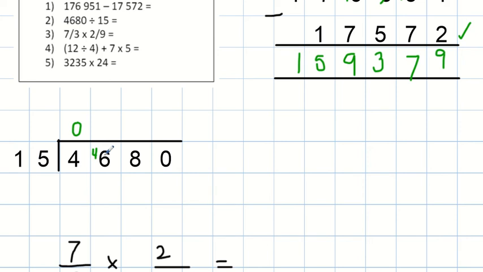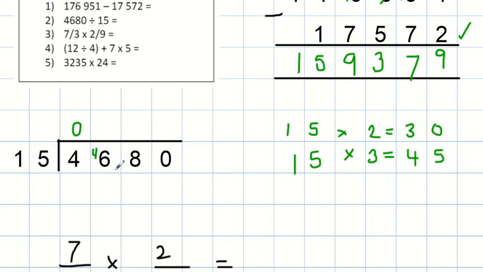Well, I know that 15 times 2 is 30. And therefore, I could work out 15 times 3 quite easily because all I've got to do is add another 15 on. Okay, so 30 add 15 is 45.